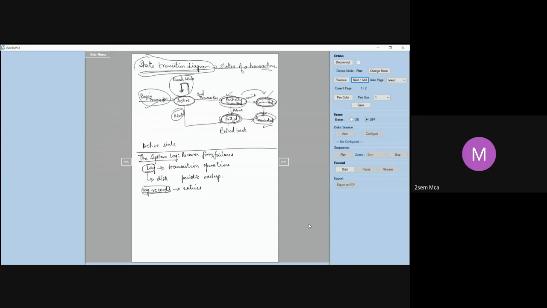And every log record will have a unique transaction ID that gets automatically generated by the system in order to identify each of these transactions. So which transaction you are referring to, about which transaction you are trying to write information or maintain a backup, is determined by the unique transaction ID.